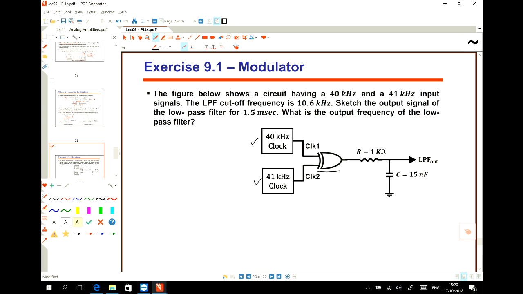Is it VCO? Is it phase detector? Is it filter? It's phase detector. Okay, so this is our phase detector. And this is our filter.